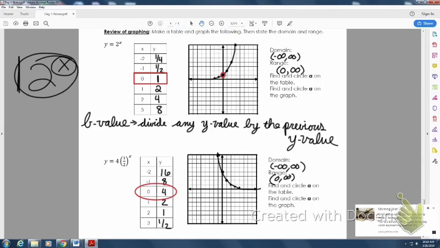So looking up at the first one, 8 divided by 4 is what? 2. 4 divided by 2 is what? 2. 2 divided by 1 is 2. 2 is my b value. Okay? 8 divided by 16 is 1/2. 4 by 8 is 1/2. 2 by 4 is 1/2. On that one, my b value is 1/2. So if you have the table, as long as you have the y-intercept on that table, you can write the equation. Okay?